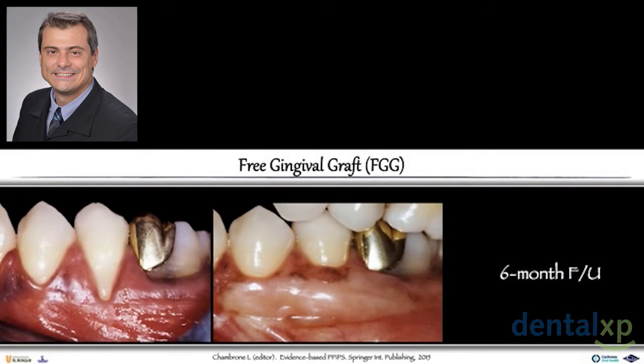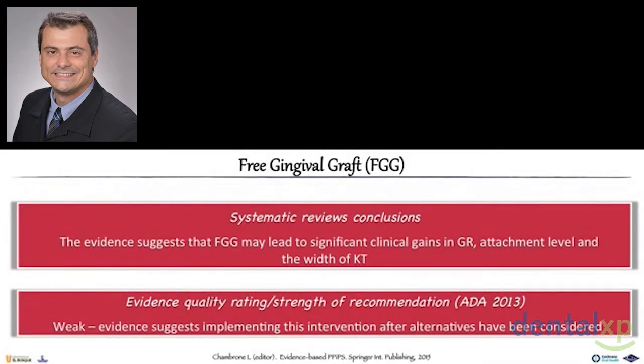The evidence suggests that free gingival grafts may lead to significant clinical gains in gingival recession, in attachment level, and in the width of keratinized tissue. On the other hand, the strength of recommendation is weak. Evidence suggests implementing this intervention after alternatives have been considered.